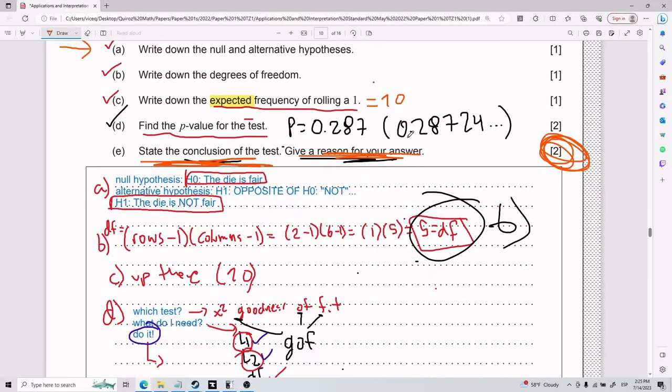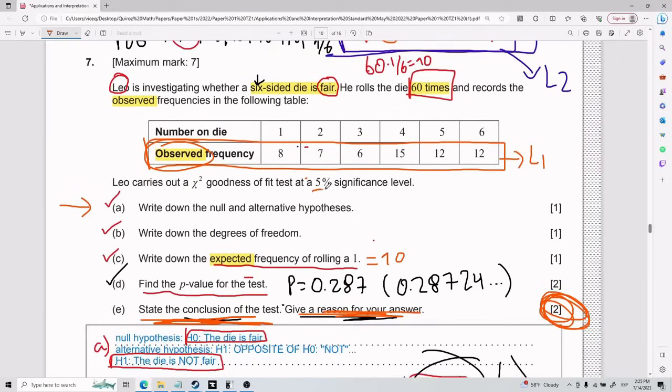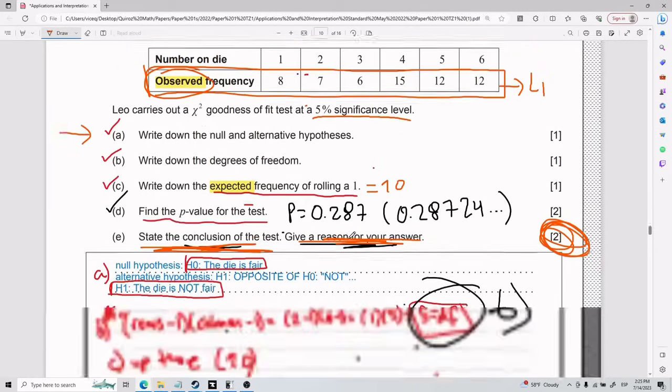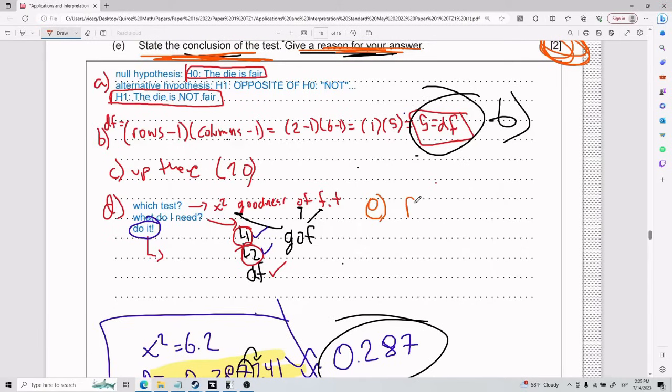How do I conclude this? Well, a good rule of thumb is that you need to compare the significance level to your p-value. It all depends on whether your p-value is greater than your percent significance level. It also matters if, instead of significance level, this is a critical value.